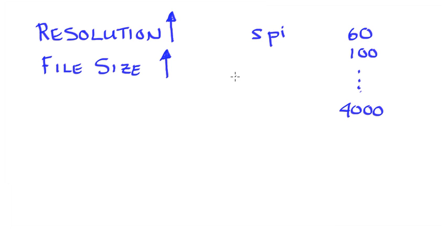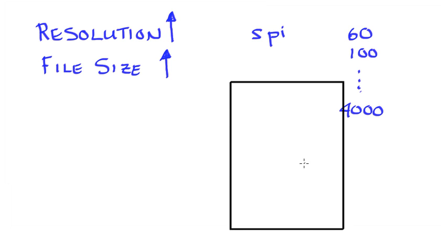So if I have an image, maybe this represents a photograph that I'm going to be scanning, and within that image I'm not going to scan the entire thing. Maybe I'm going to scan only a portion of it. And the first time I go to scan this, we'll say that I'm scanning it at 100 samples per inch.